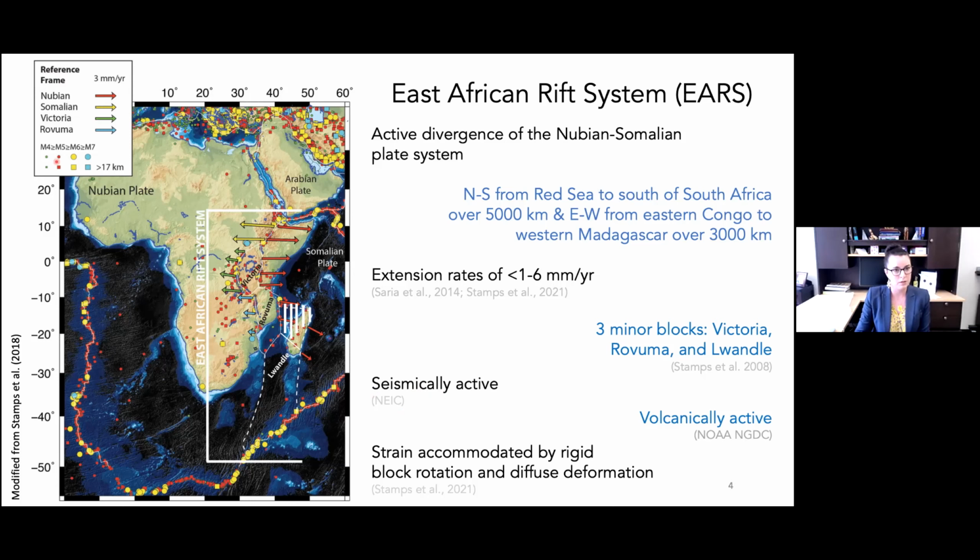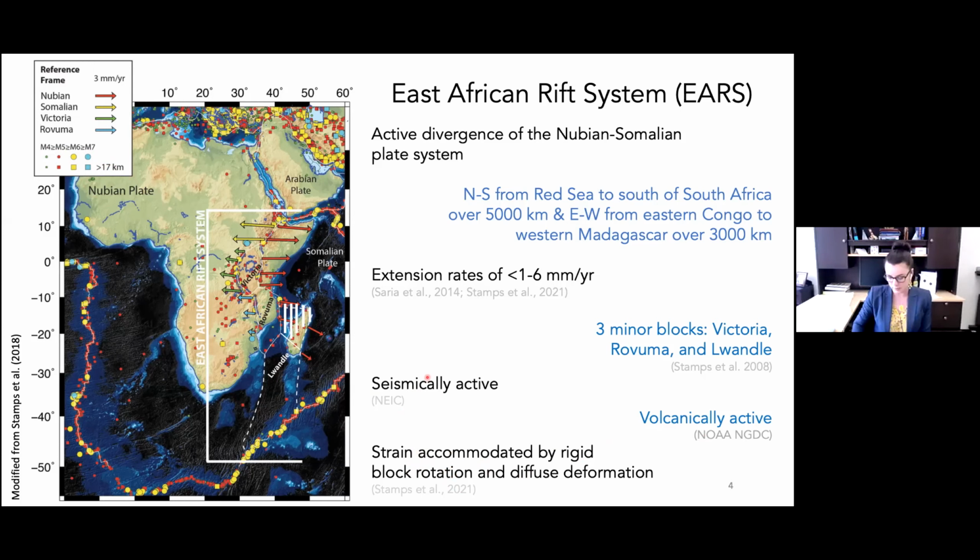The squares and circles represent different magnitudes of earthquakes and different depths, to give a little bit of perspective in this figure. It's also volcanically active. And some of my recent work showed that there is this zone of diffuse deformation, as shown by these white bars here, that I'll talk about later in this presentation.